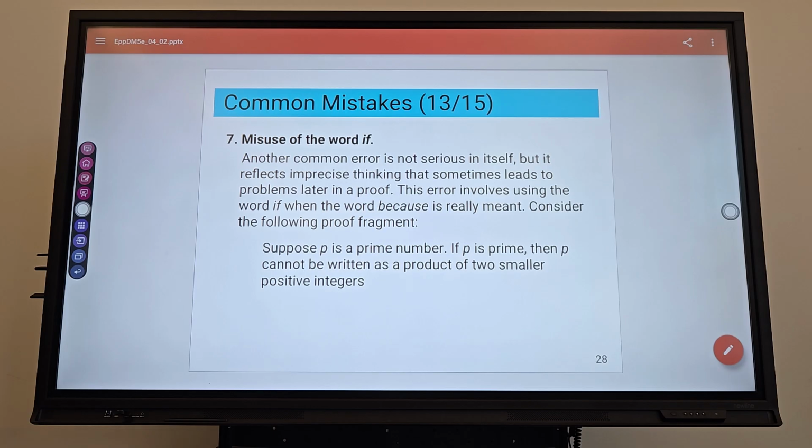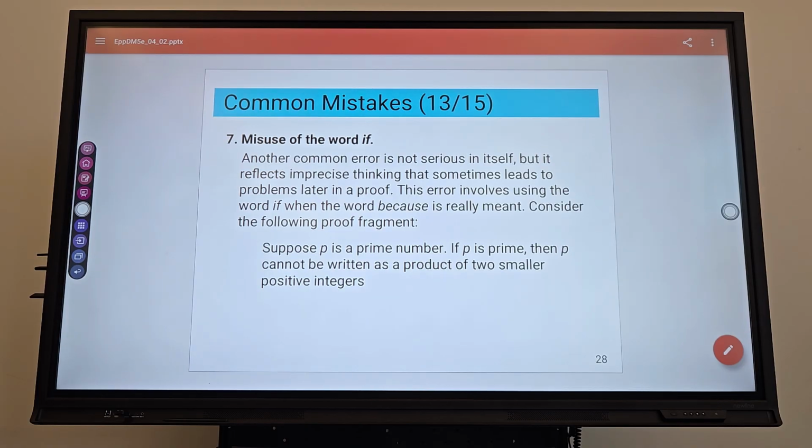Misuse of the word if. Another common error is not serious in itself, but it reflects imprecise thinking that sometimes leads to problems later in a proof. This error involves using the word if when the word because is really meant. Consider: suppose p is a prime number.